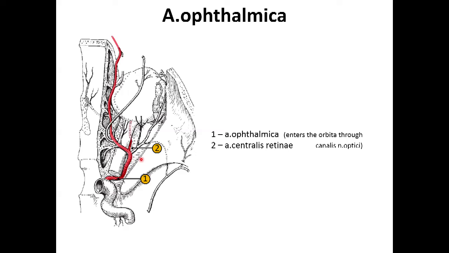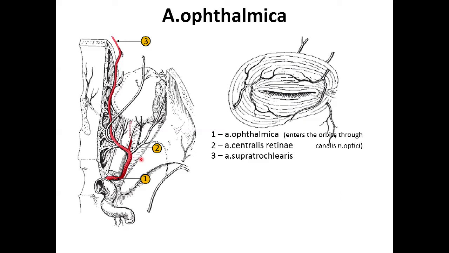Then number three. What is number three? It's a small artery which leaves the orbit, and we can find it on the eyelids.